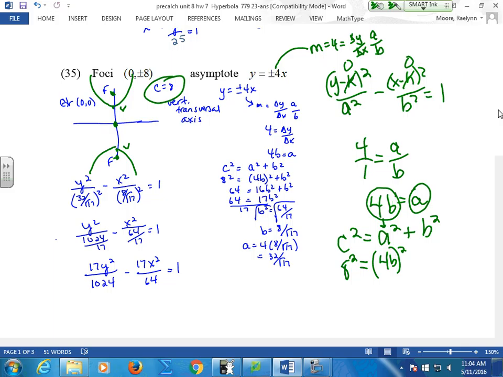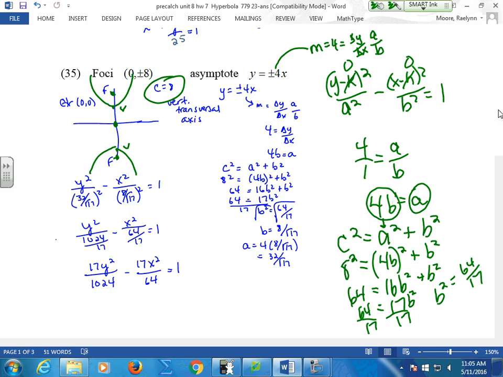Can I just substitute that in? Like a little systems of equations thing, kind of? So 64. I got to multiply it. I got to square the 4 as well. So 17b squared is equal to 64. And b squared is equal to 64 over 17.